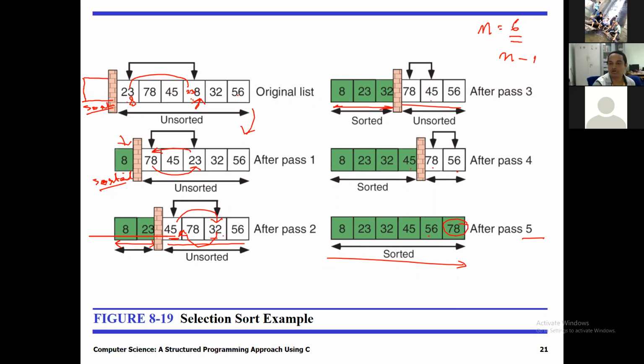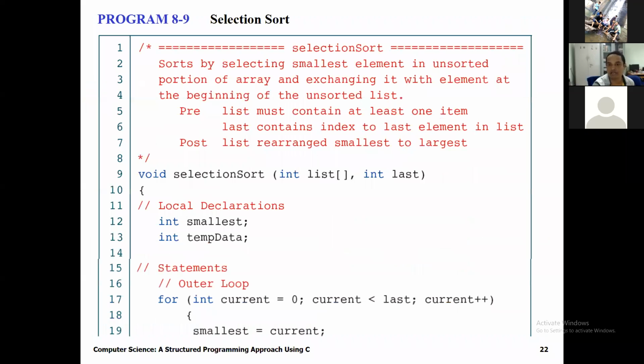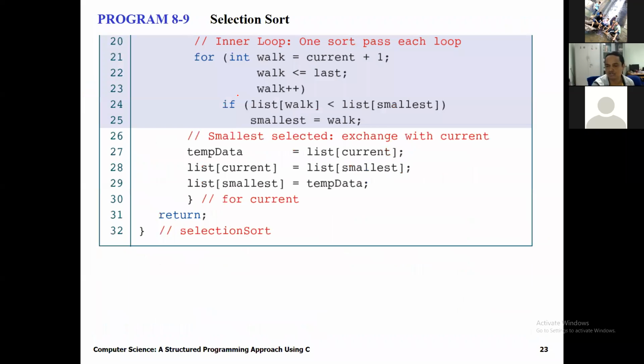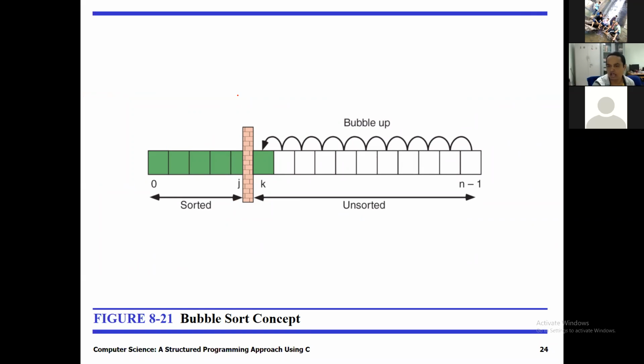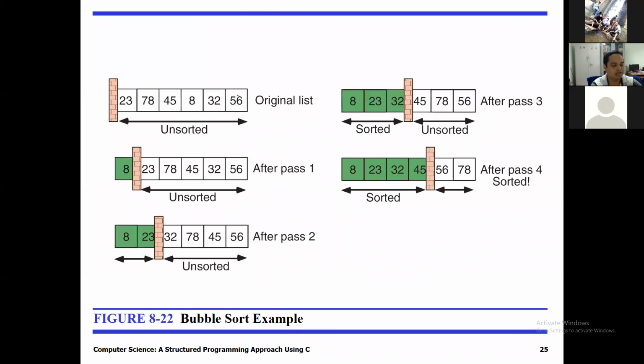So after selection sort, I had the idea to go for bubble sort. So I think bubble sort is clear, and if you need, I can discuss it. That is also fine.